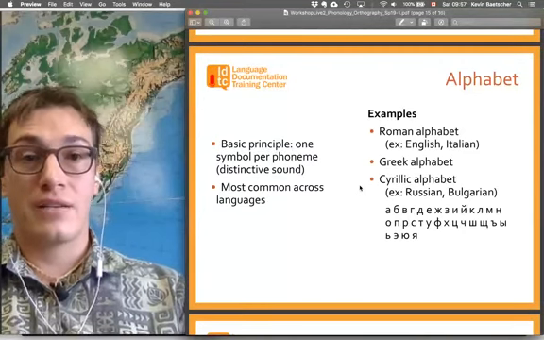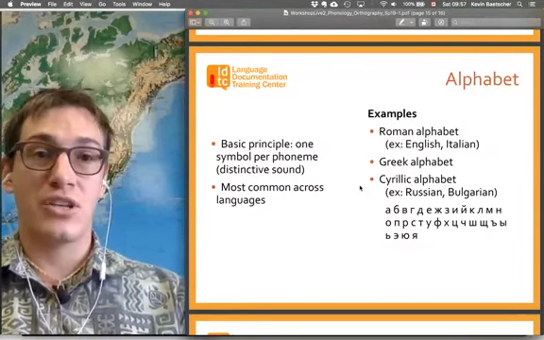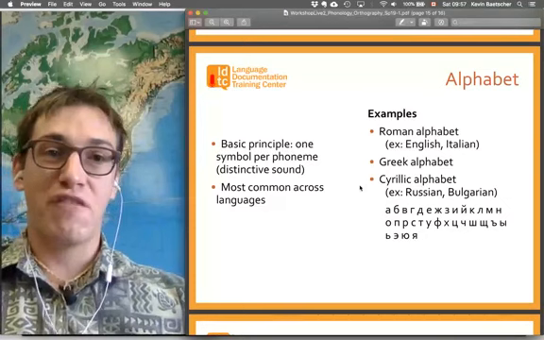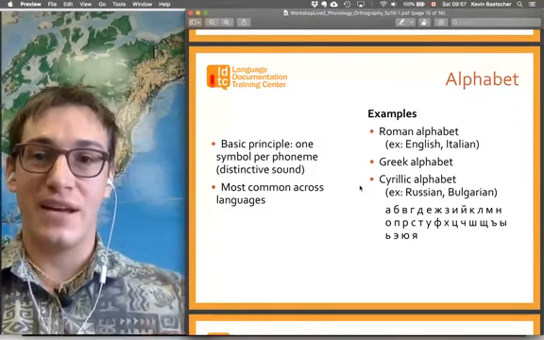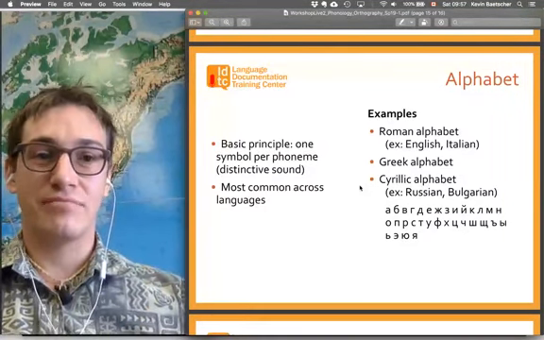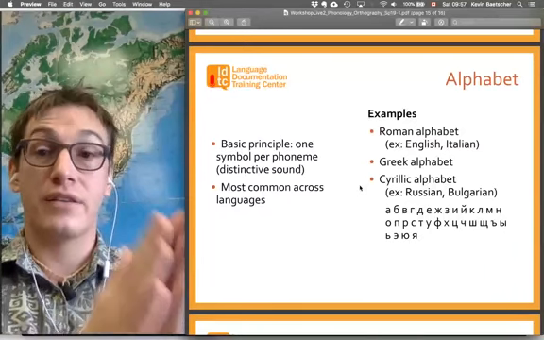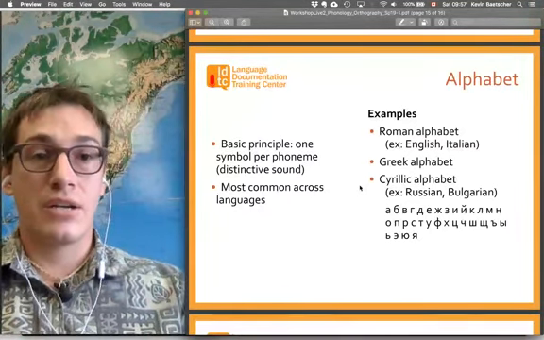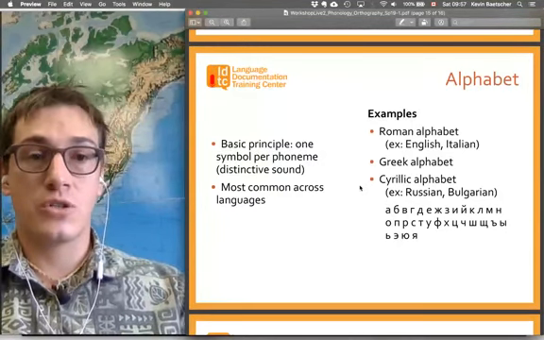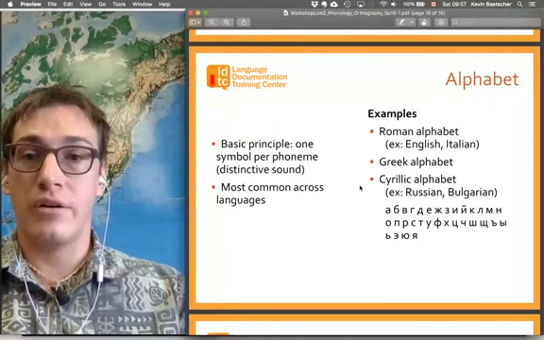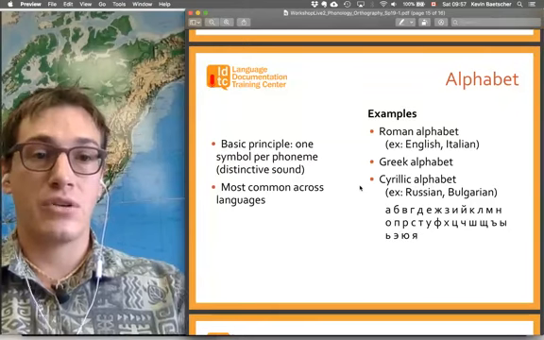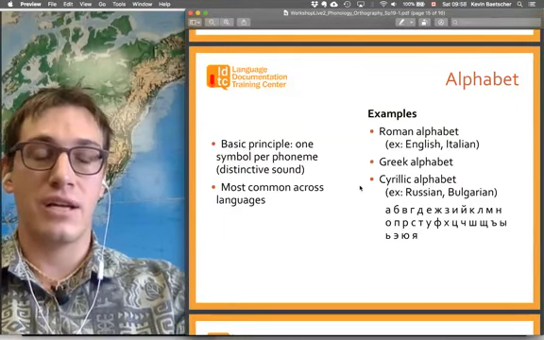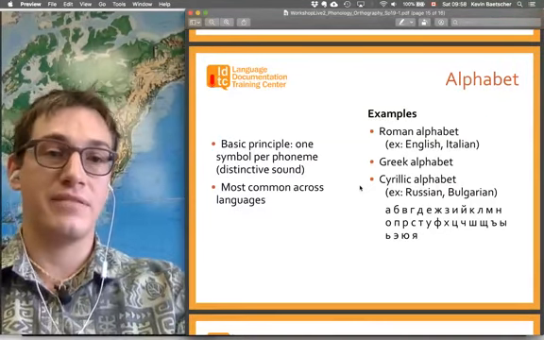The Greek alphabet is also an alphabet. It's the source of the word alphabet because the first 2 letters are alpha and beta, right? Then there's the Cyrillic alphabet, which is used by Russian or Bulgarian people. These are some examples of the letters they use down there. I can't really read that, but that's what it looks like.